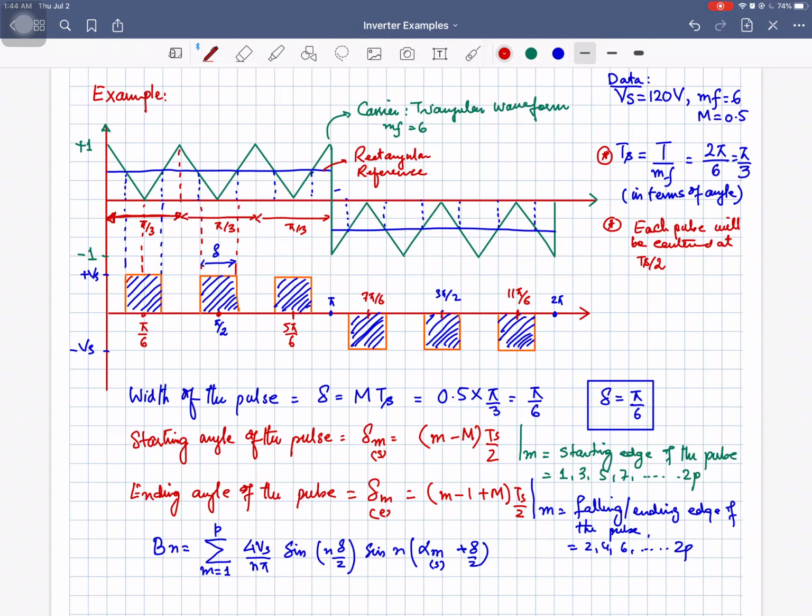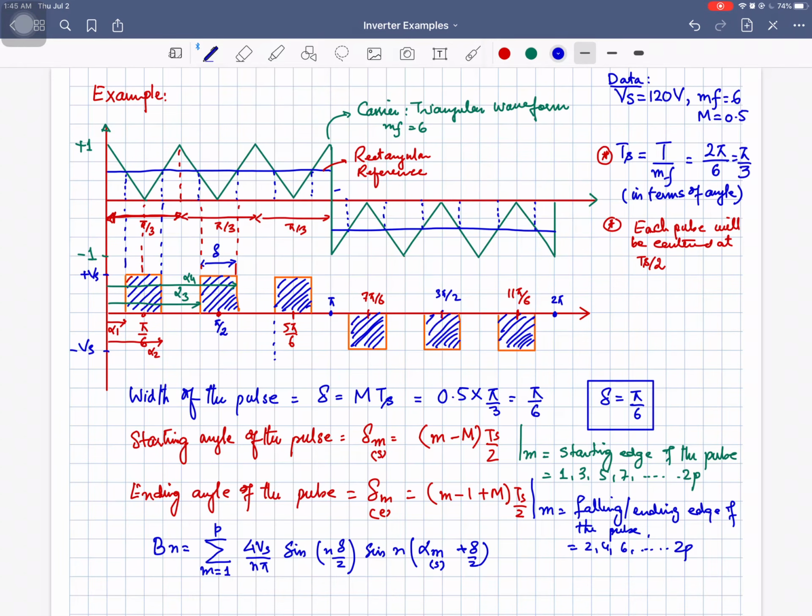Okay, now we are going to calculate the starting angle of all of these pulses. Let me call this angle, let's suppose, alpha 1, because this is the first edge, and then the second edge is this one. This is, let's suppose, at angle alpha 2, and this edge is at angle alpha 3, and this edge is, let's suppose, angle alpha 4.